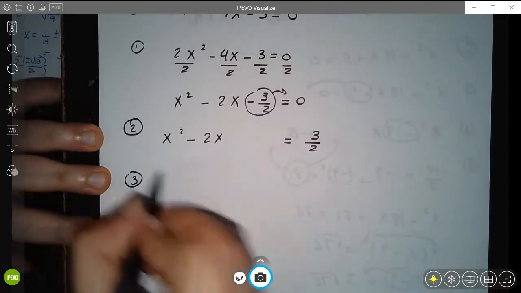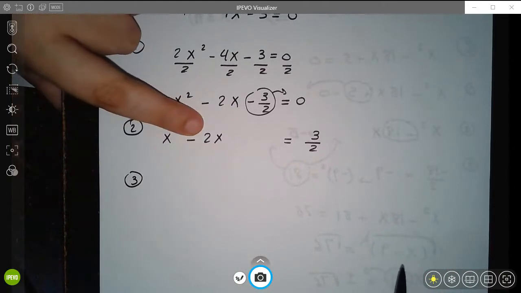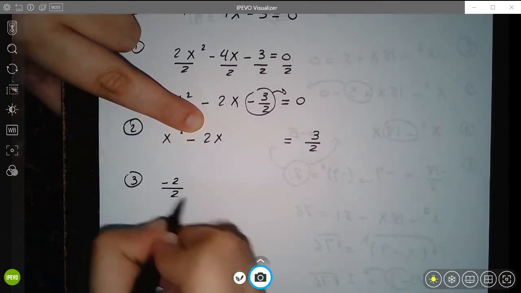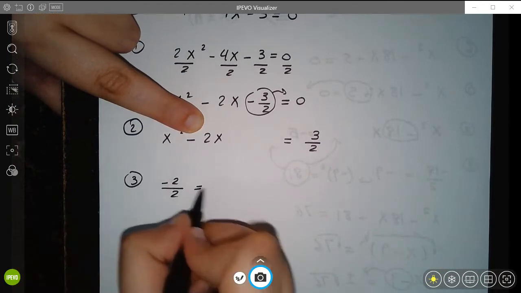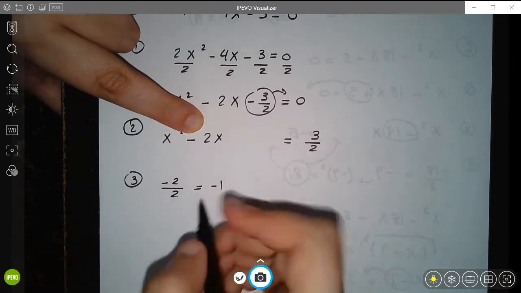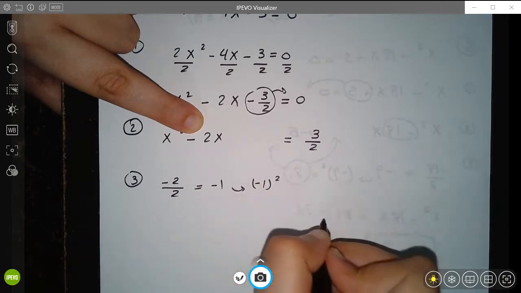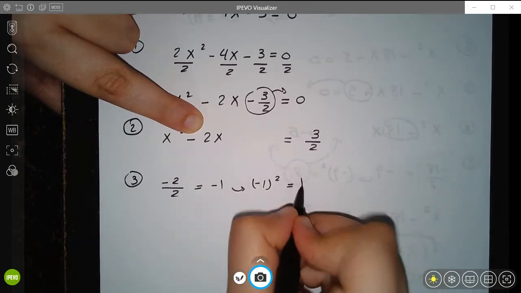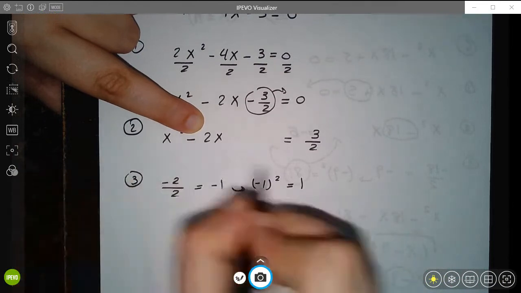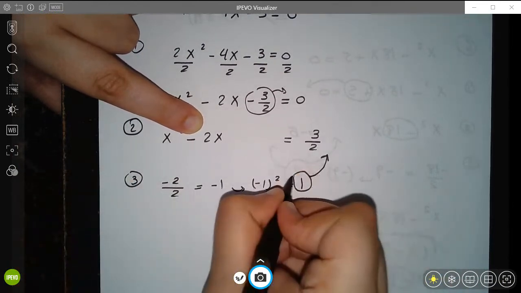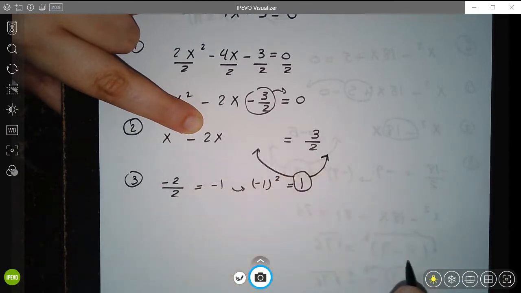Step 3. Now let's play with it. Negative 2. You grab the negative 2. You divide it by 2. This is going to be negative 1. Now, that negative 1, you're going to square it, and the answer is going to be positive 1. Okay. Grab that answer, and it gets added here and here.